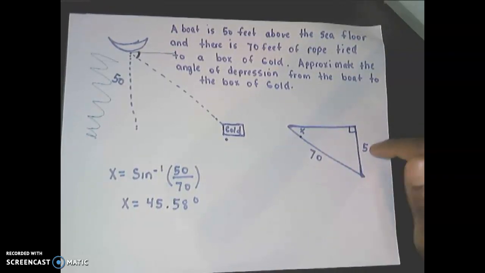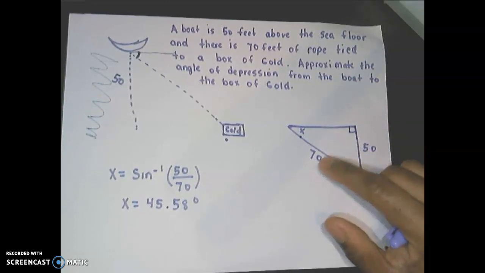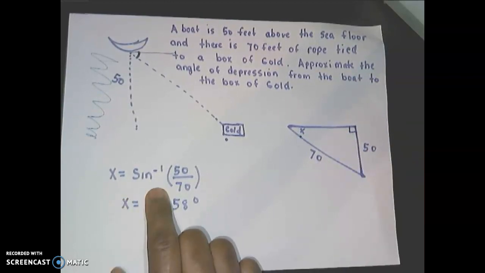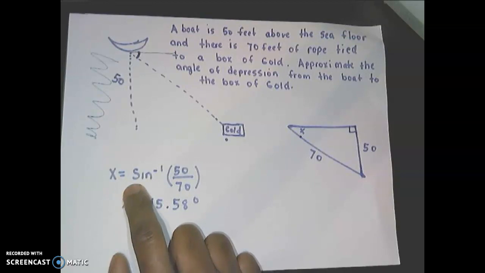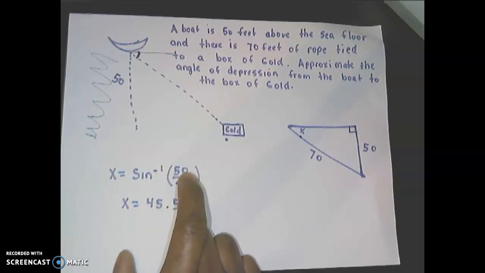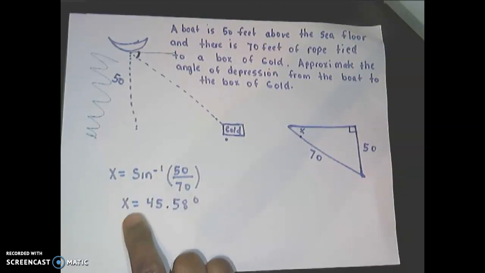I have the opposite side and the hypotenuse, so I'm going to have to use sine inverse. To find x, I do the sine inverse of 50 over 70, and that gives me 45.58 degrees once I plug that into my calculator.